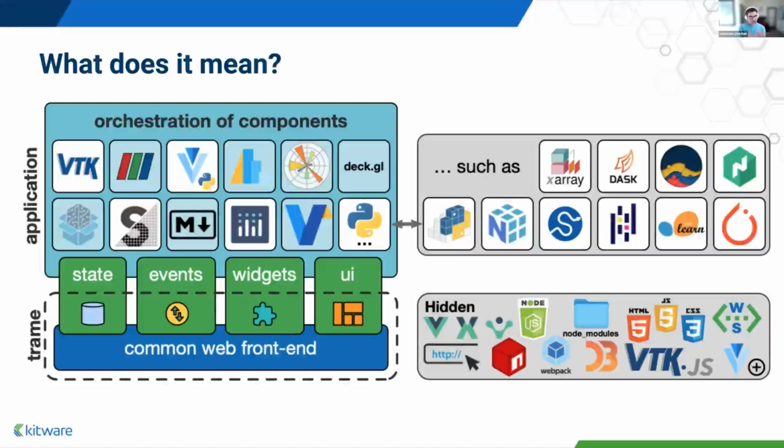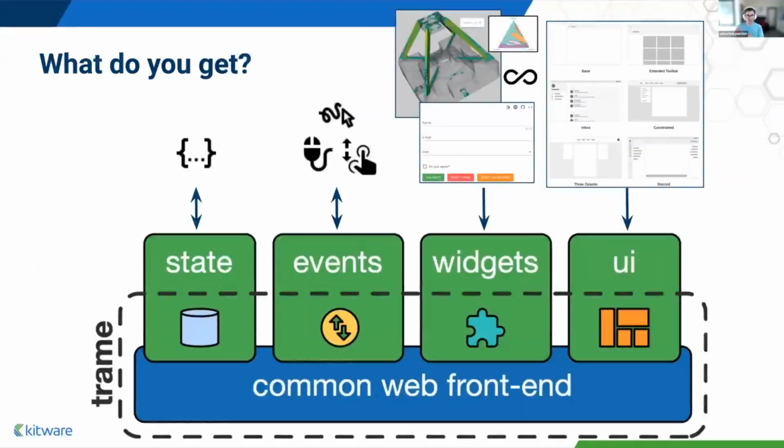And then what Tram is going to give you is those 4 entry points, where you have that state that is going to be able to drive the UI, or the UI will be able to drive the server side by exchanging small object variables, the events mechanism for dealing with mouse interactions, for example, and the widgets, which will be those graphical pieces that you're going to organize into a UI or a layout.